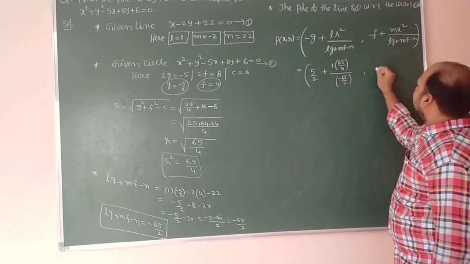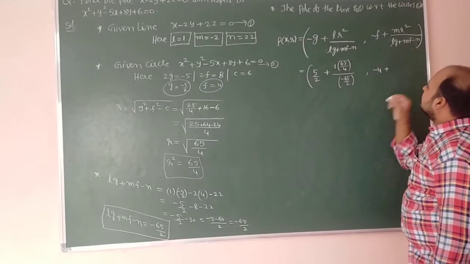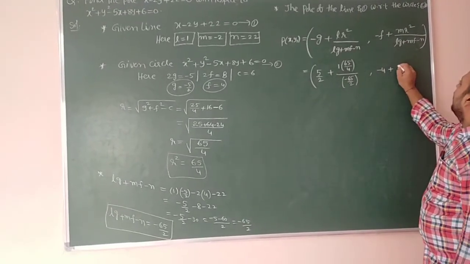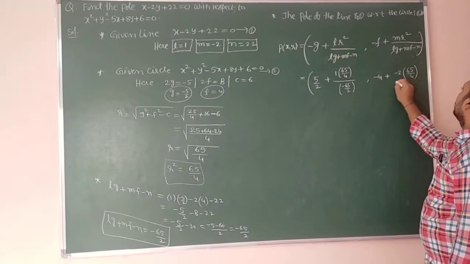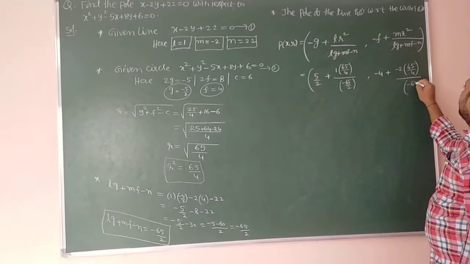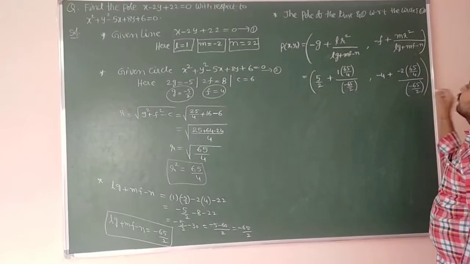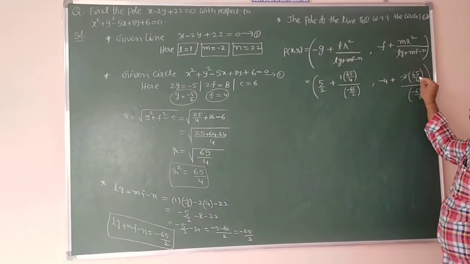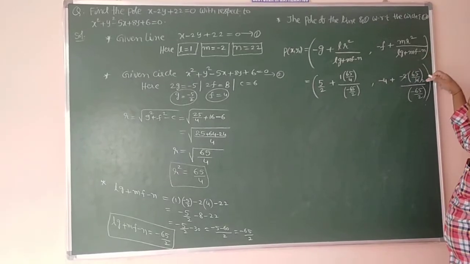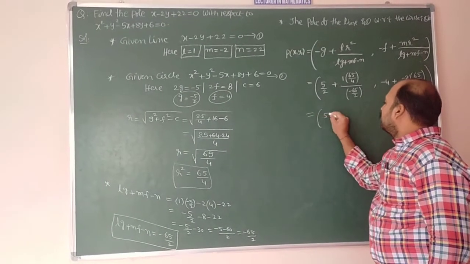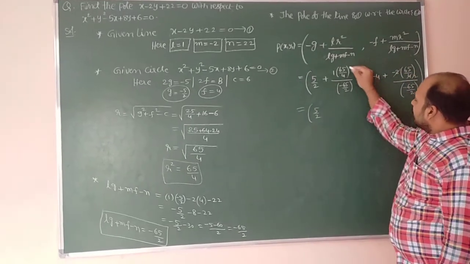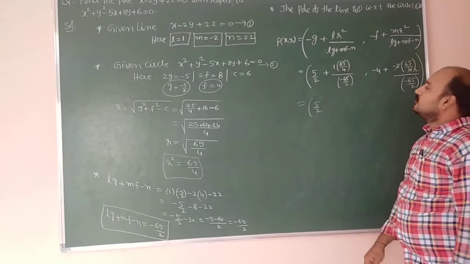Comma minus f, that means minus 4 plus mr square, m value is minus 2 into r square, 65 by 4 divided by minus 65 by 2. Here minus 65 by 2, here minus 65 by 2, the 65 gets cancelled.